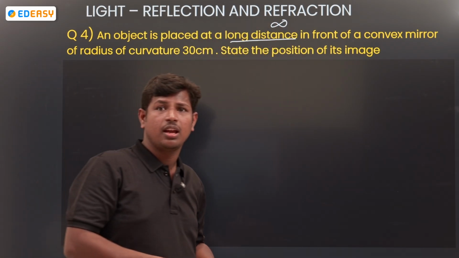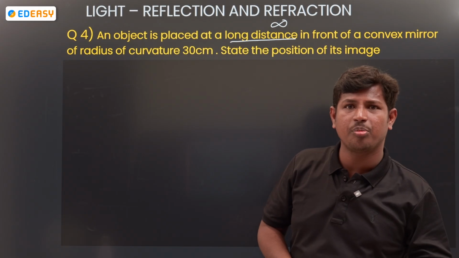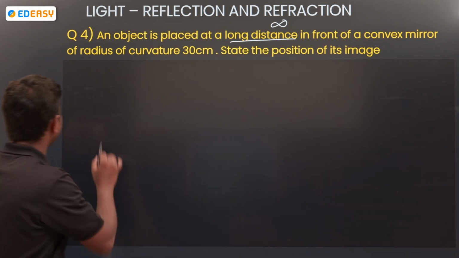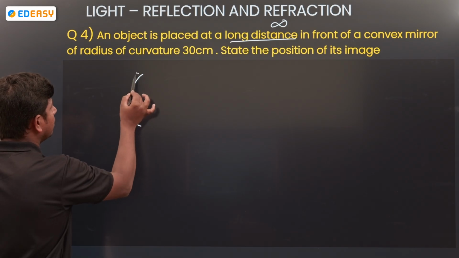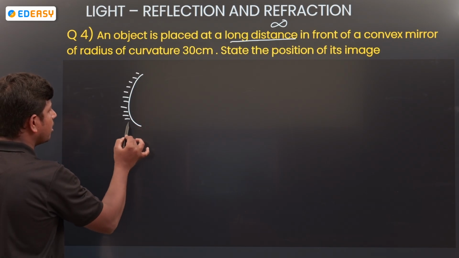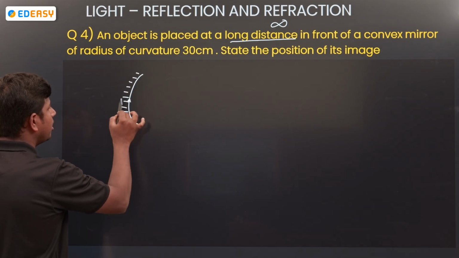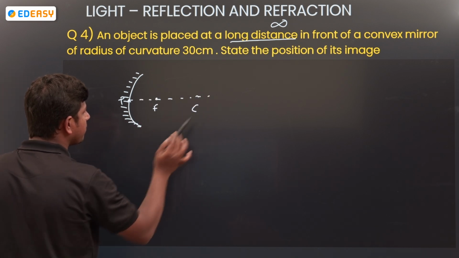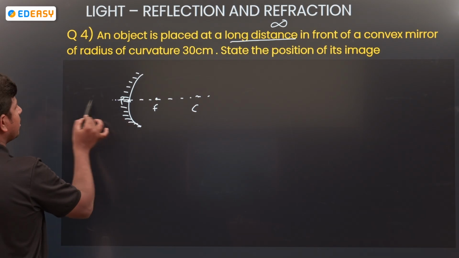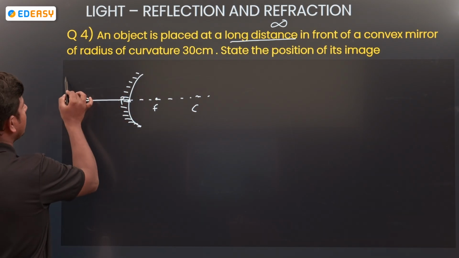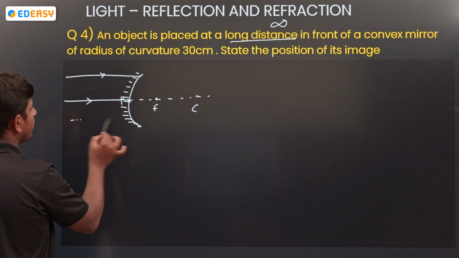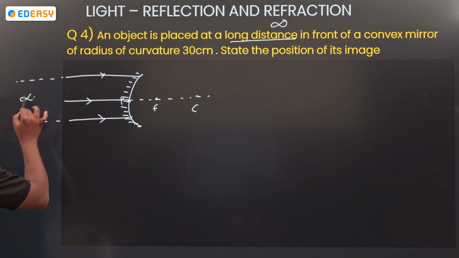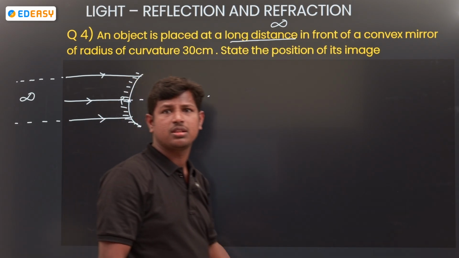So here is the pole, focus, center of curvature. The object is at infinite distance.